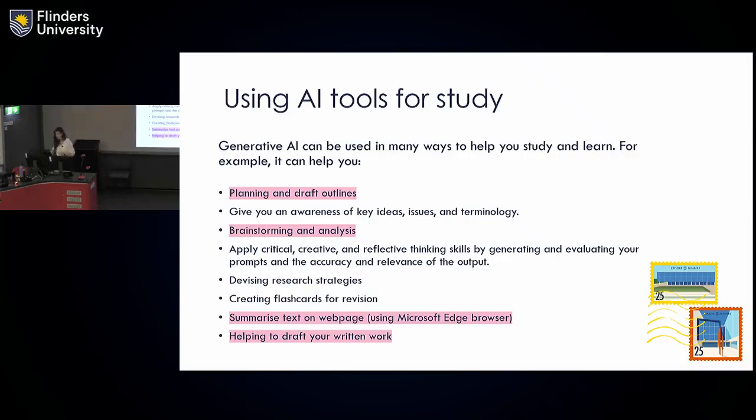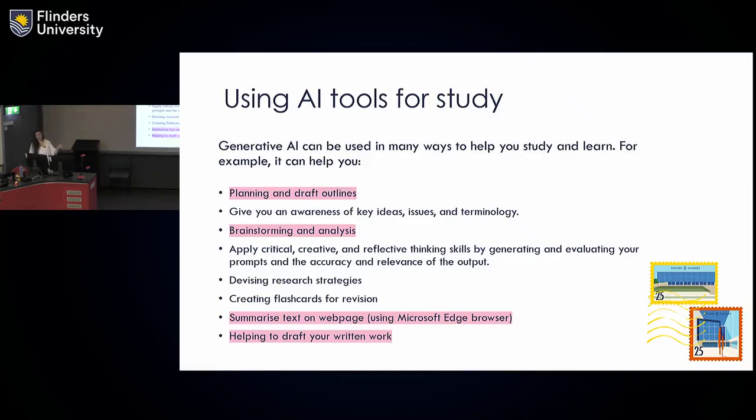If you were to use it for producing content where there was a restriction, there would be problems with academic integrity. That can come under plagiarism and it can come under contract cheating. So just be aware, make sure that you know about that.